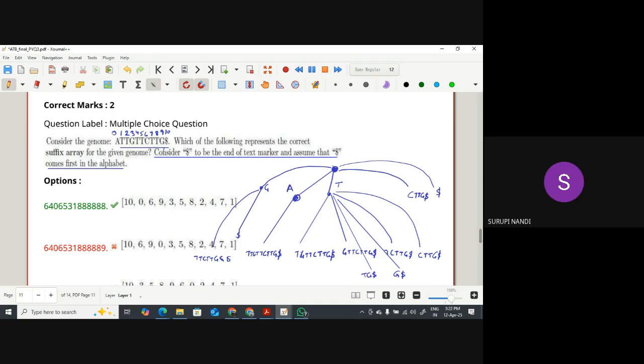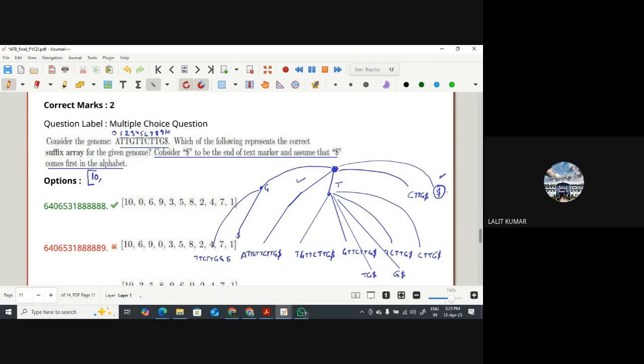Yeah. Okay. Now, how do you build the suffix array? First you take dollar. So dollar has come at what position? 10. Then you build alphabetically. After dollar, you come to A. So you can write this as ATT dollar.